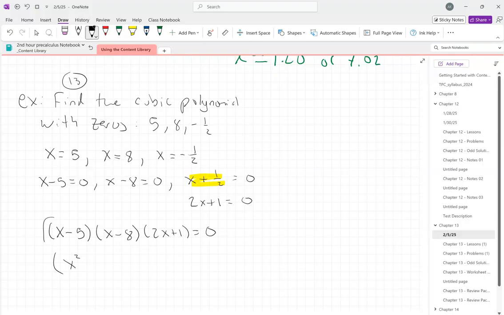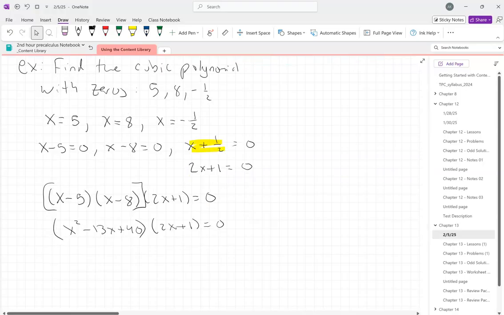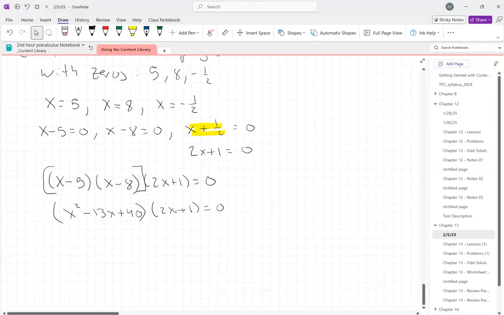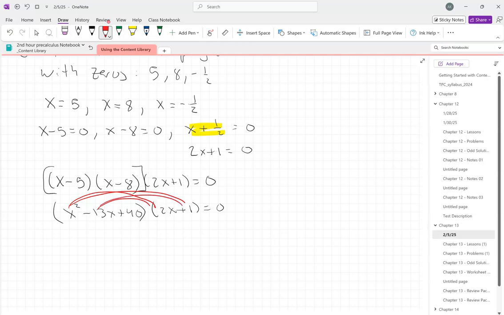I'm just going to FOIL the first 2. And I'm just going to do that kind of quickly in my head. Again, if you can't do that in your head, no big deal. Write it out, more steps if you need to. And then to FOIL a 3 and a 2, I'm just going to do that kind of thing.